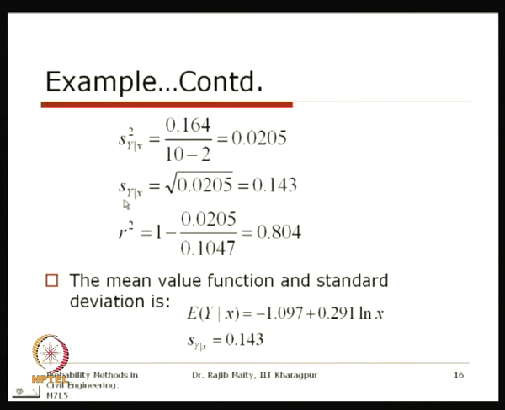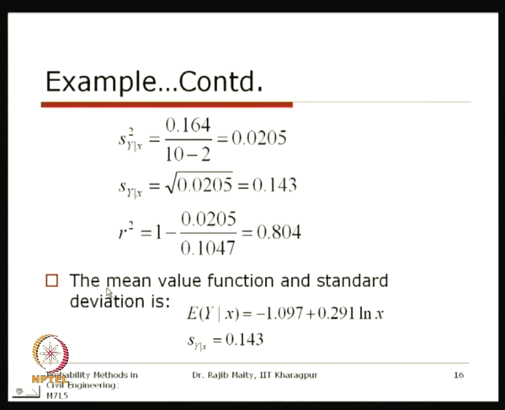The conditional standard deviation, the positive square root of that, is 0.143. The percentage reduction of the variance is 1 minus 0.0205, the conditional, over 0.1047, the unconditional, which equals 0.804.